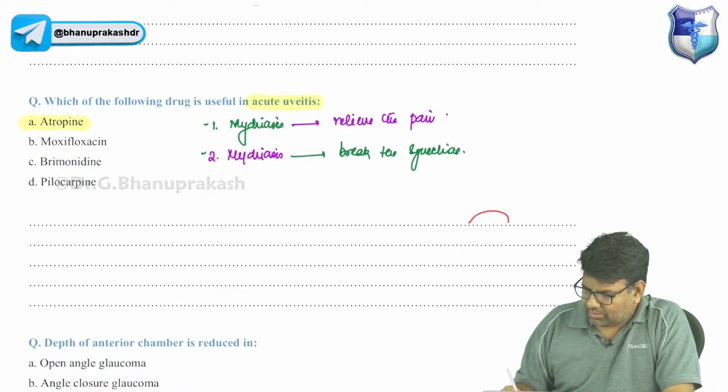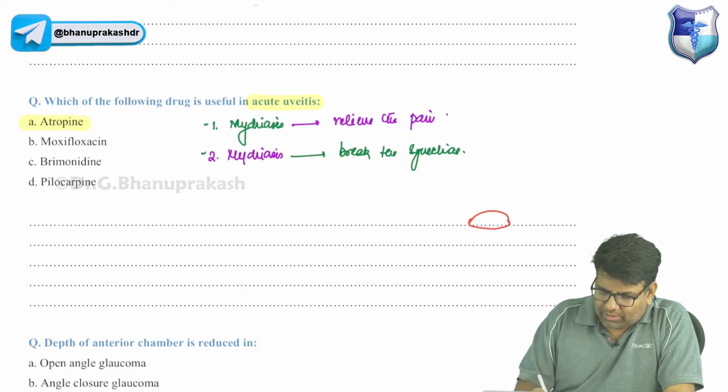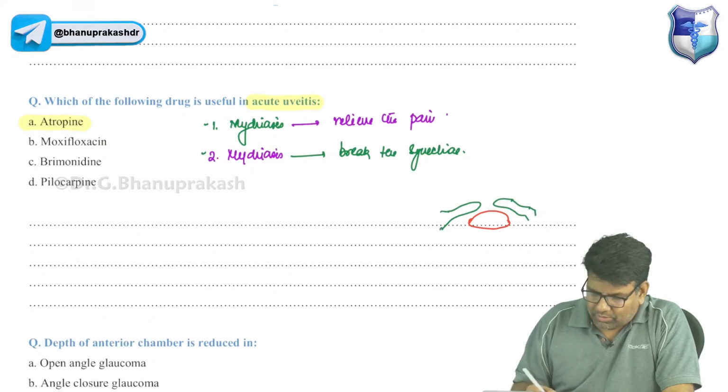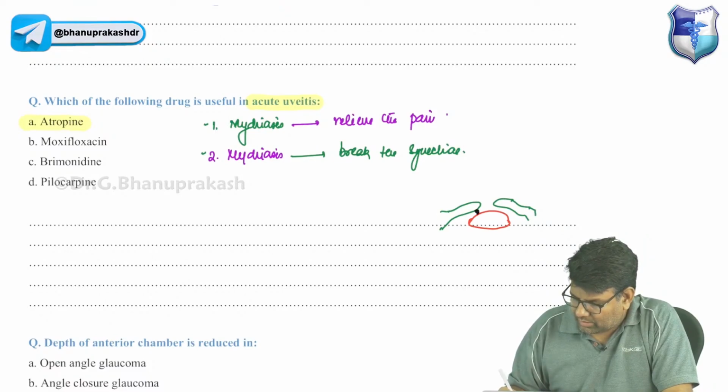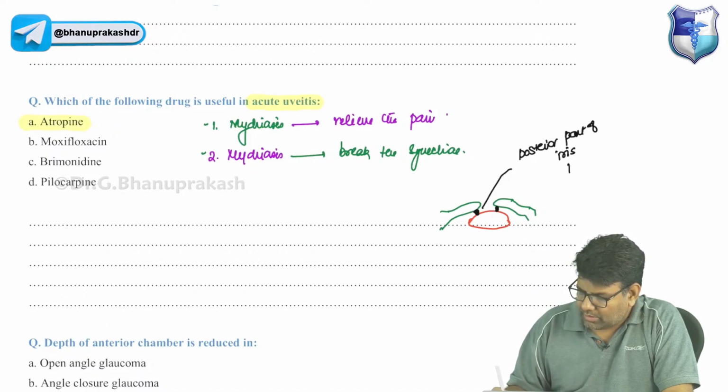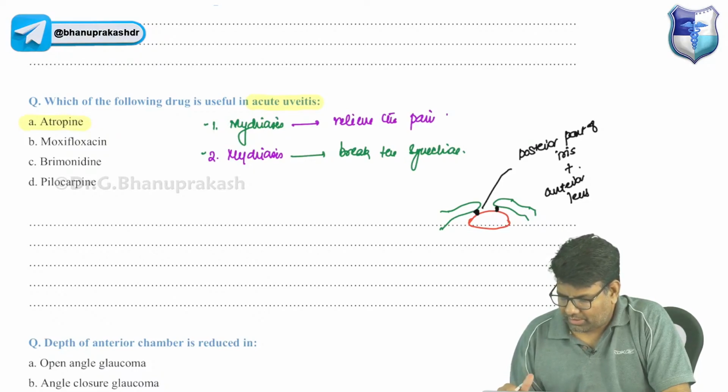Suppose this is the lens, and in front of the lens we know that there is the iris. Then here we have the ciliary body. So what happens? The adhesion formation occurs between the anterior part of the lens and the posterior part of the iris.